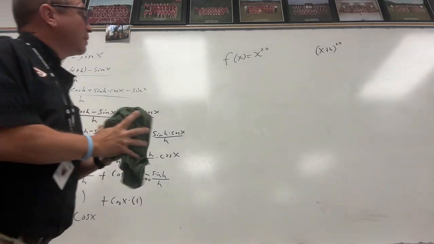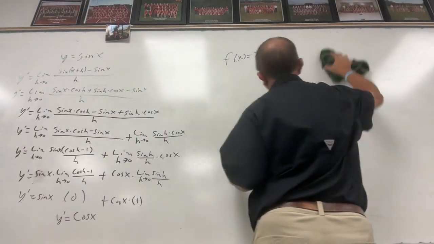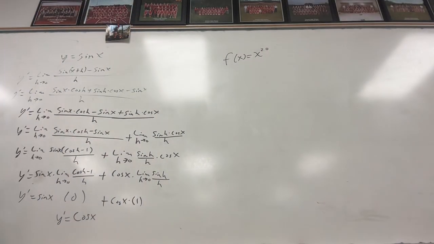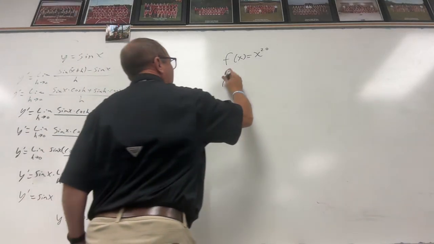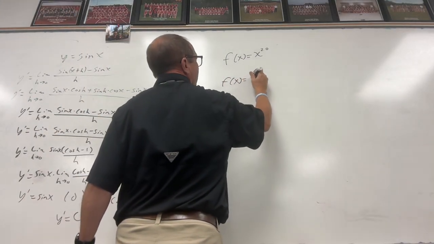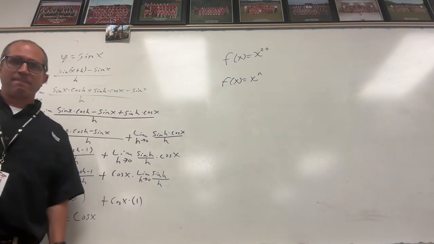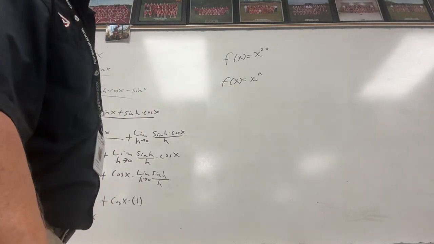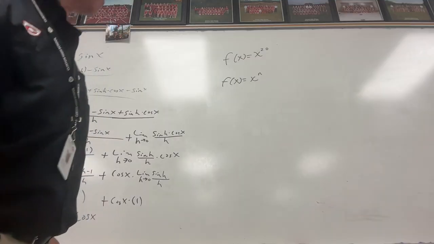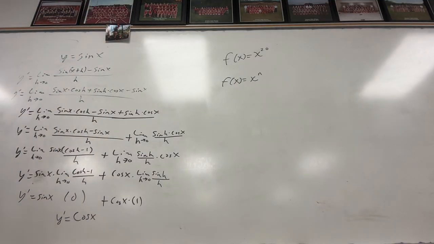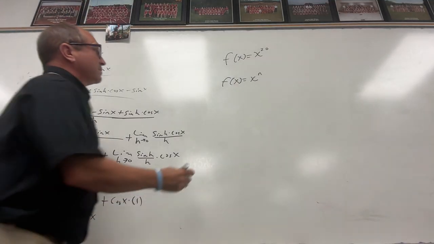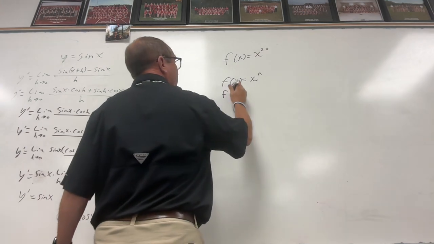So let's just assume that we have a function in the terms of f of x equals x raised to the nth power. Well, let's use the limit definition of the derivative.